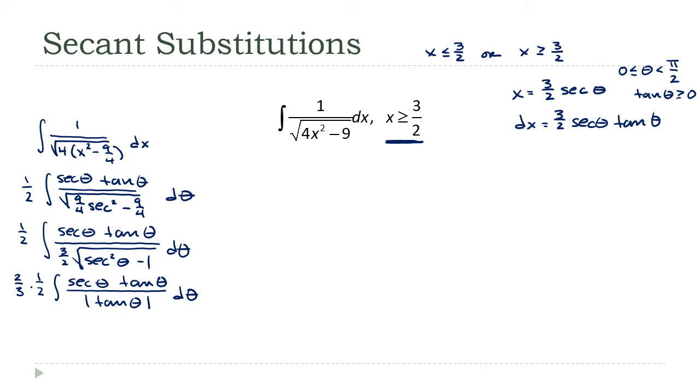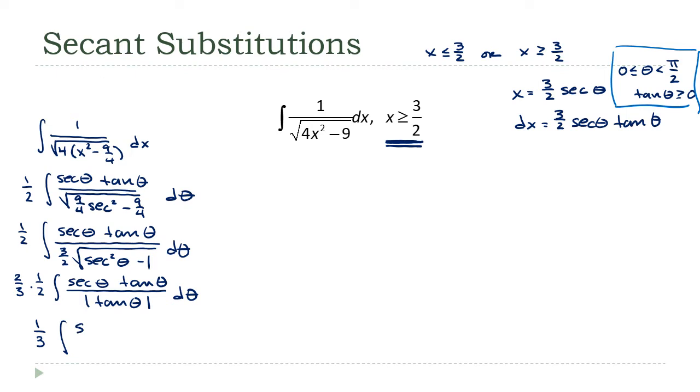And this is the point where all of this business about restrictions and so forth becomes important. Because the tangent of theta is always greater than 0, it's always positive, for the values of x that I've been told we're only interested in, the absolute value of tangent theta is the same as the tangent of theta. So this is 1/3 integral, oops, sorry, I should put that up on top.